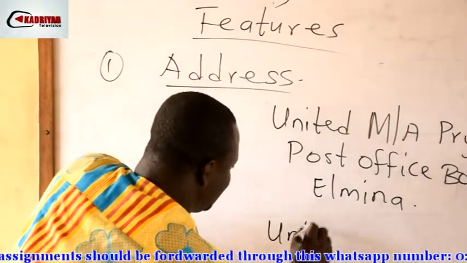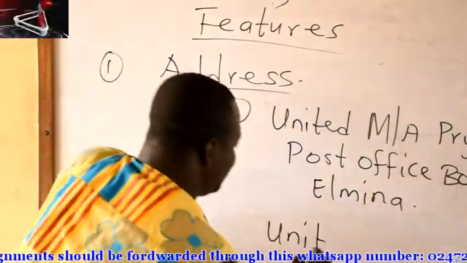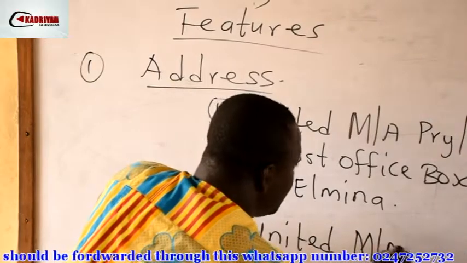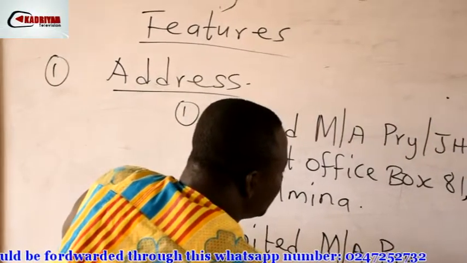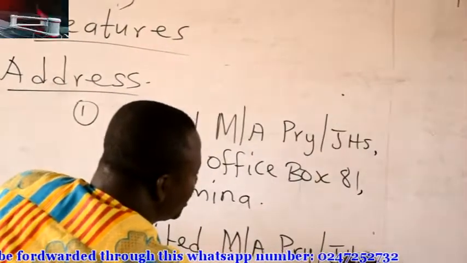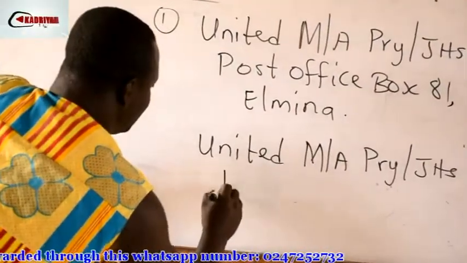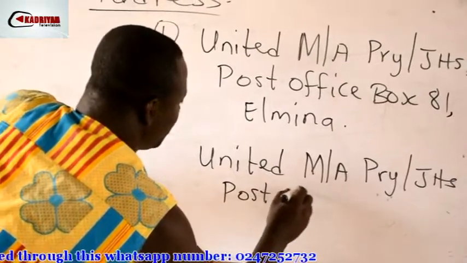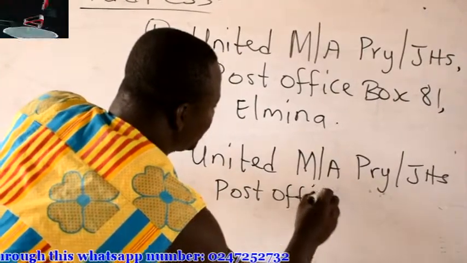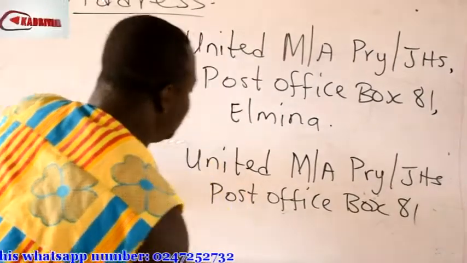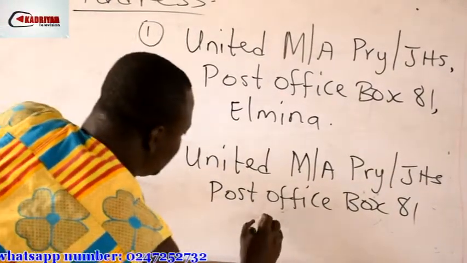United, this is one, M.A. Primary J.H.S. Post Office. When I say P.O., some of you will not understand. That is why I'm writing it out. Elmina.